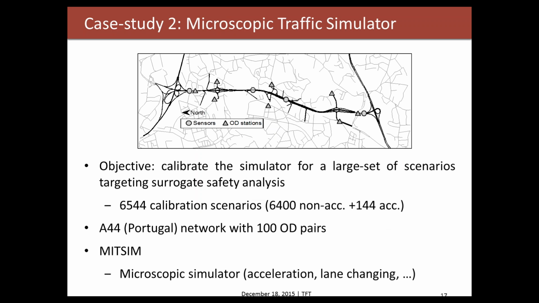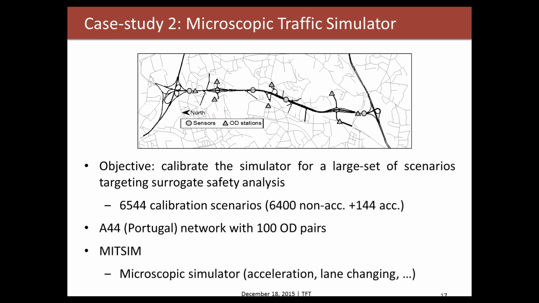The second case study was regarding a microscopic traffic simulator, which is open source. It's called MISTIM, and the objective was to calibrate the simulator for a large set of scenarios targeting surrogate safety analysis. So here the idea was we need to generate simulated data for several situations, so for several time periods, several conditions.